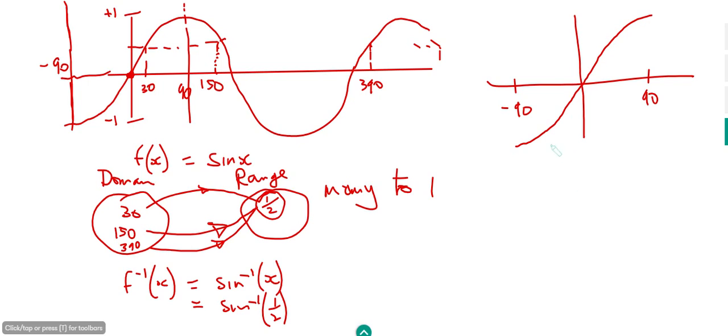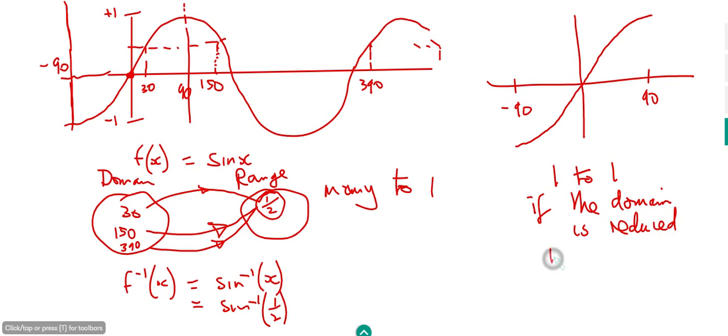And what we've now got is we've created a one-to-one function if the domain is reduced to minus 90 up to plus 90.